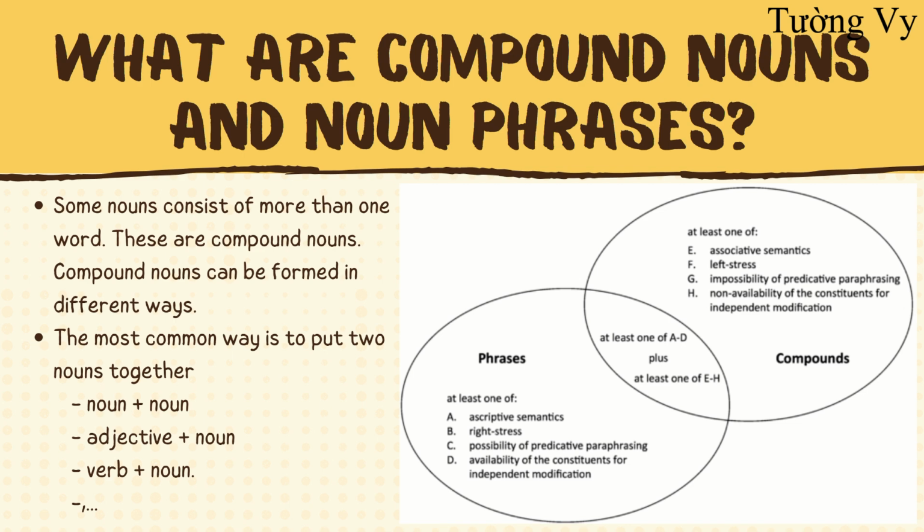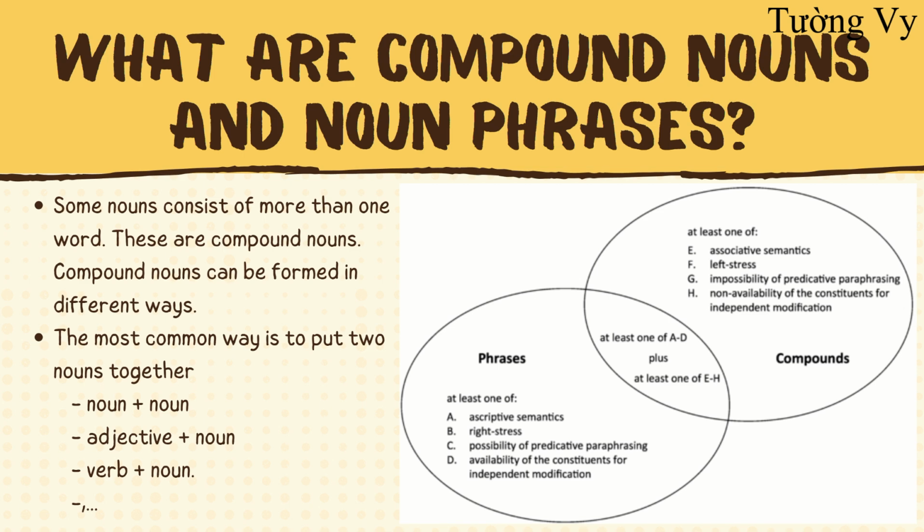Unlike compound nouns, noun phrases are not fixed expressions. For example, a beautiful house is a noun phrase because beautiful describes a house, but it's not a compound noun because the words still function separately.